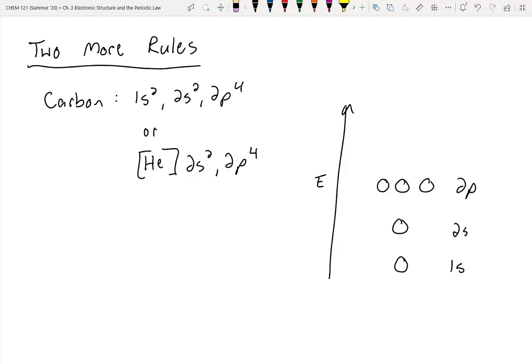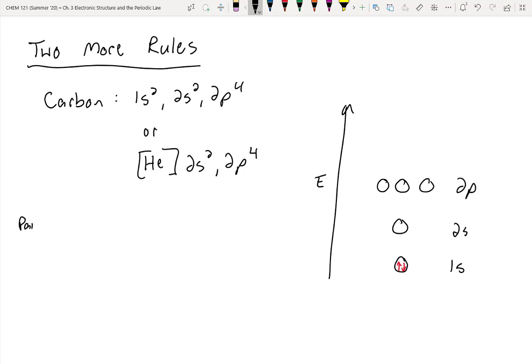Okay, so we need to start filling these orbitals with electrons, and we can fit 2 electrons in each atomic orbital. So I'll show you how I would go about doing this. For this first 1s orbital, we can fit 2 electrons, and we show electrons in chemistry with an arrow. So I've got a little arrow pointed up. The second electron that we put into that orbital needs to be spin opposite, meaning I'm going to put this as an arrow down.